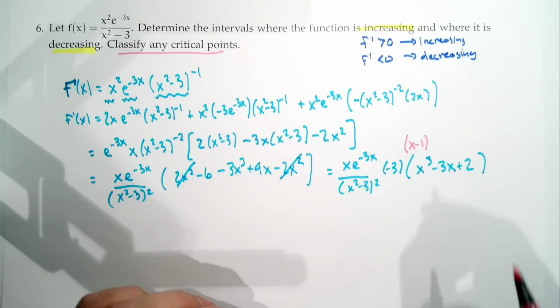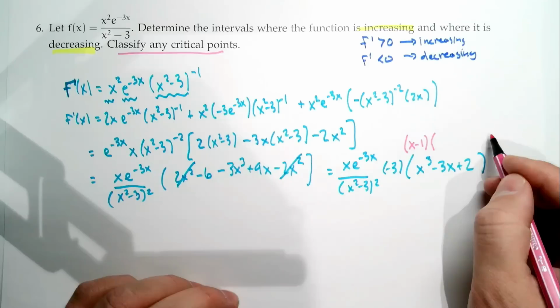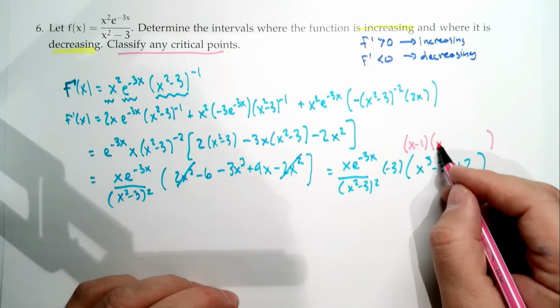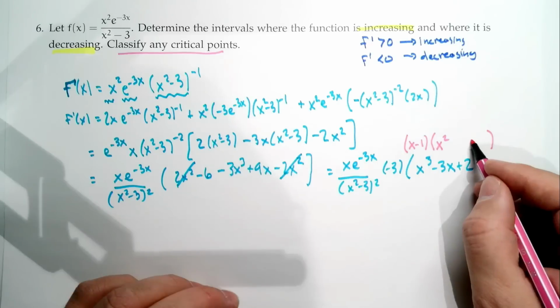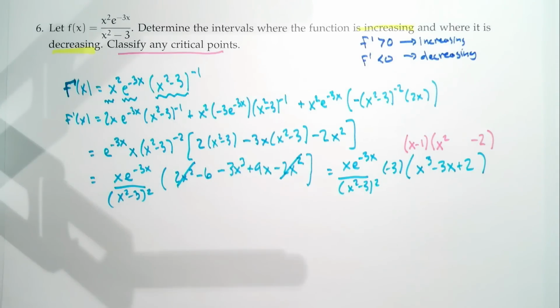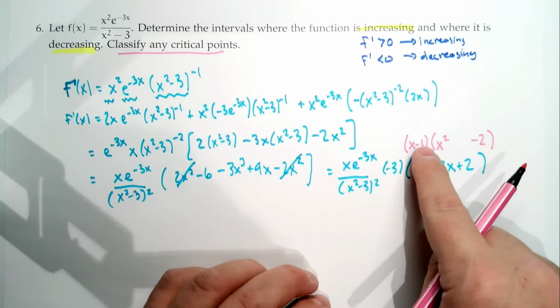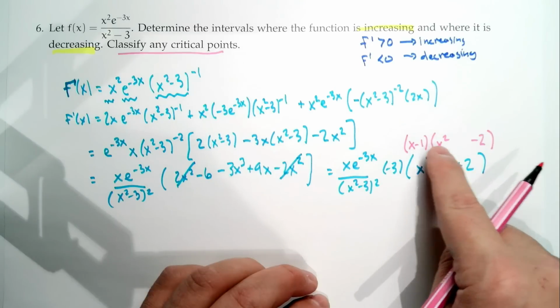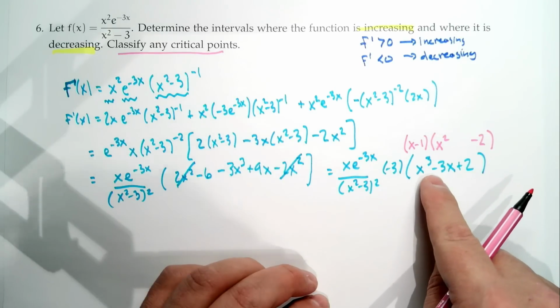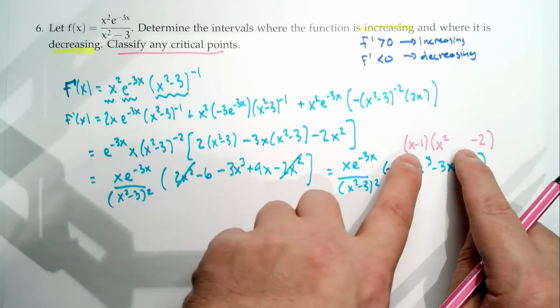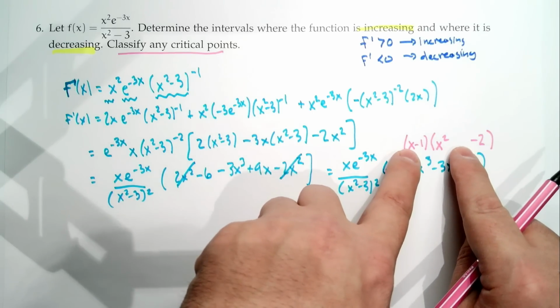Now at this point, you can do a little bit of reasoning, or if you don't like reasoning, you can also do long division. I prefer to reason. So what do I mean by reason? Notice that there's no x squared term. If I take minus 1 times x squared, that's the negative x squared. I got to cancel that negative x squared, and the only way I can do it is with the x multiplied by whatever this is.